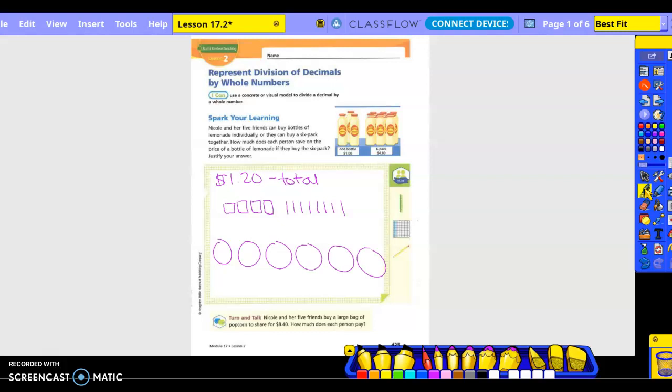Do I have enough flats to go for every friend? No. So I am going to have to convert all of my flats into longs, right? So how many longs is that? 40, right? Okay, so let's do this.